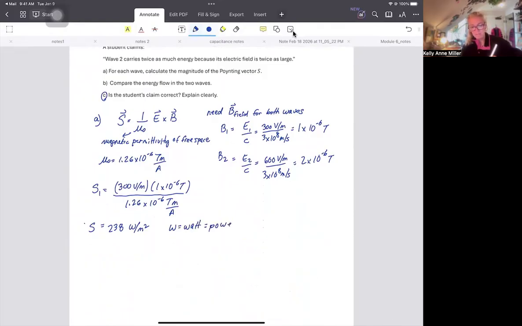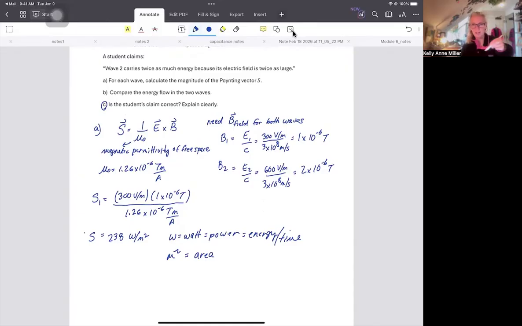I don't know if you remember that from mechanics. The meter squared is just an area. So this makes sense: a Poynting vector is the energy per time per area.